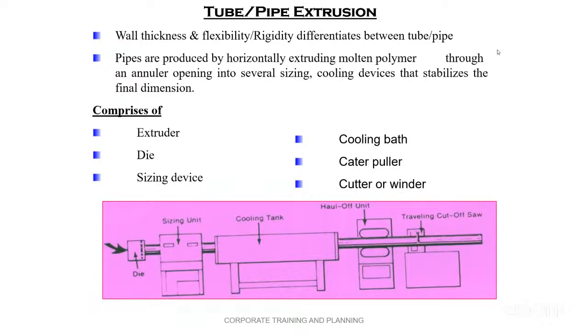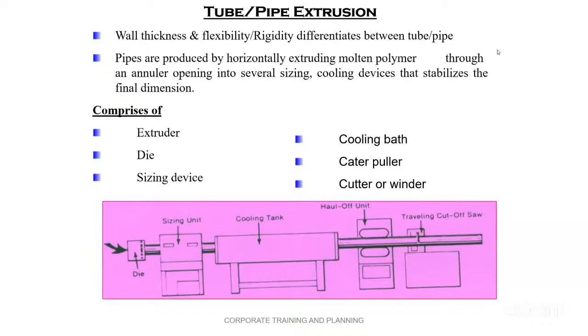We are manufacturing pipe without chlorine from polypropylene and polyethylene. But the major consumption is PVC, both flexible PVC as well as rigid PVC. It is also called RPVC and FPVC, or UPVC and FPVC.